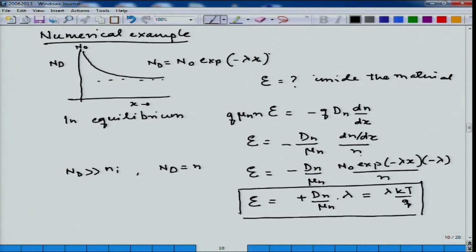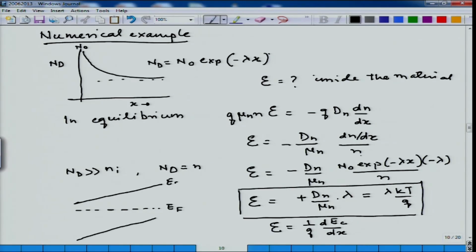And so, if I plot the electric field inside the semiconductor, in equilibrium the band structure will be Fermi level being constant, and since electric field is given by 1 over q times the band bending, which is constant, this means that the bands are straight in this structure, E C and E V, and this is leading to an electric field E which is constant.